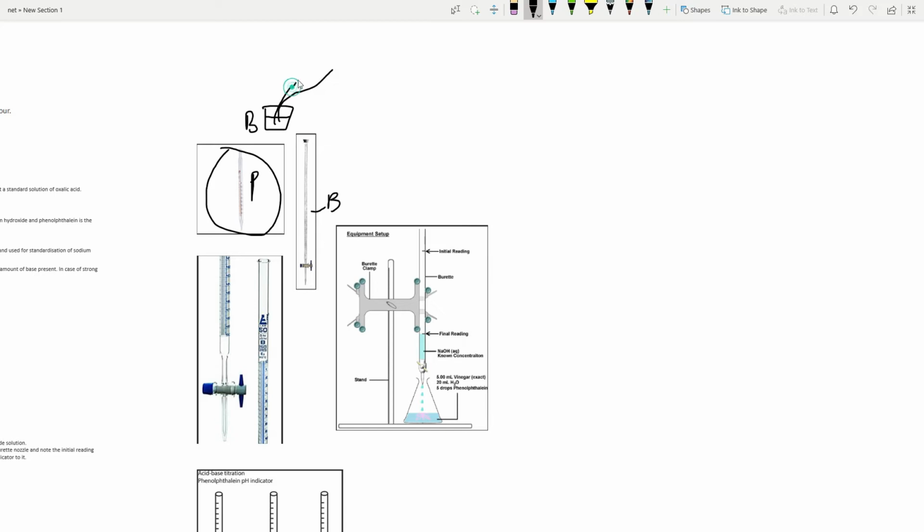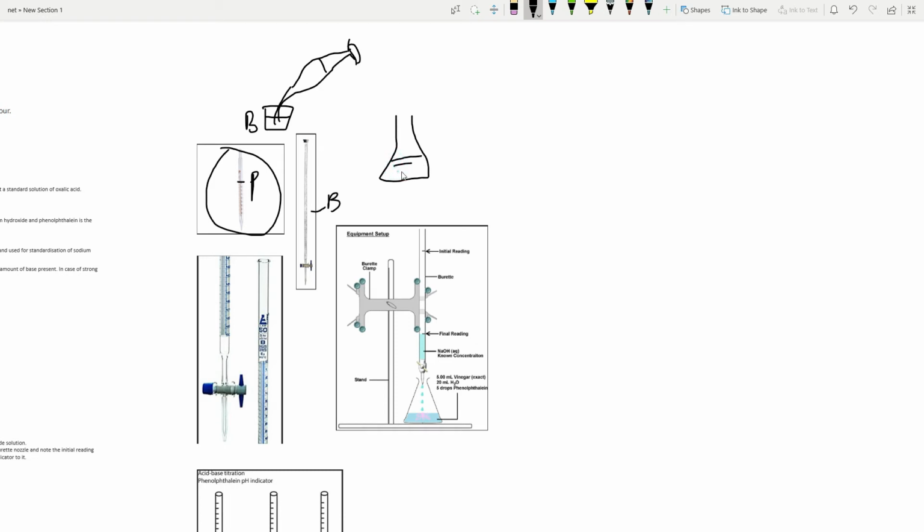The pipette is this type of thing, very big, I'm drawing a very big pipette. You suck the solution with your mouth, creating a vacuum, place the thumb over it, measure how much you have used, and pour it into the conical flask.